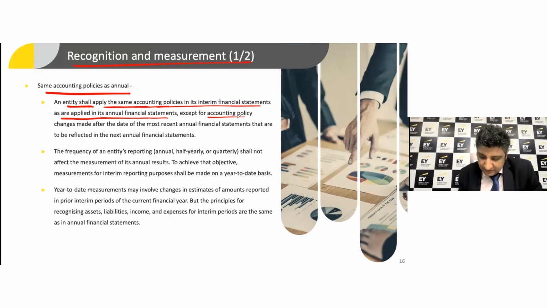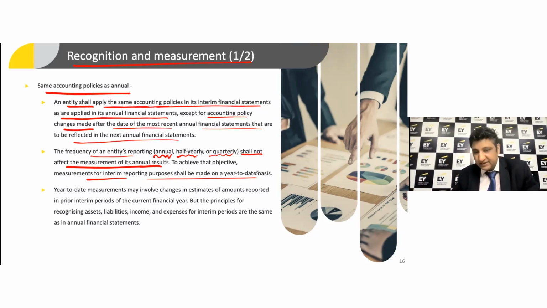Unless there is a change made in the accounting policy itself. Okay. The frequency of the reporting, be it an annual reporting or a half yearly or a quarterly or anything else, would not allow any changes in the measurement criteria, right? That's the reason why when you look at the measurement, it is done on a YTD or year-to-date basis, right?